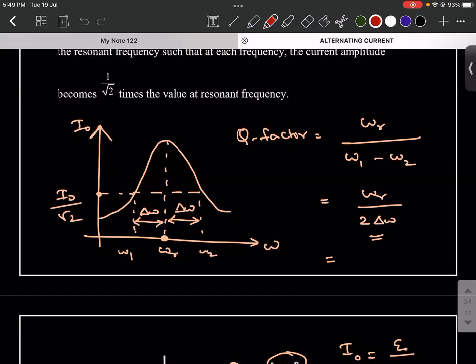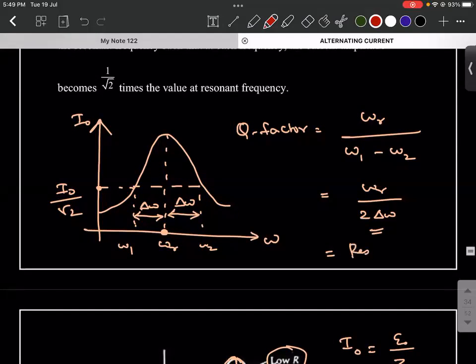Omega r is what actually? The name of omega r is resonant frequency. Any idea what this 2 times delta omega is called? It is called bandwidth, meaning the width of the band of frequencies.